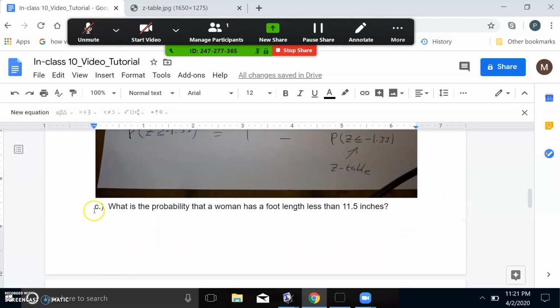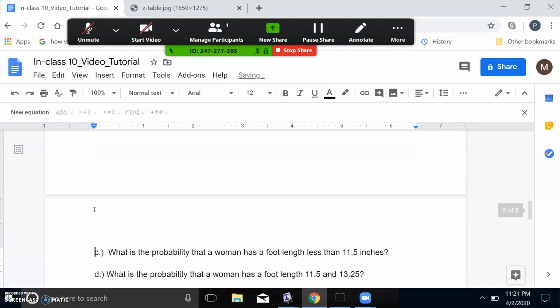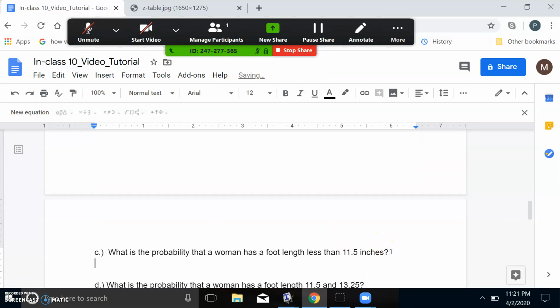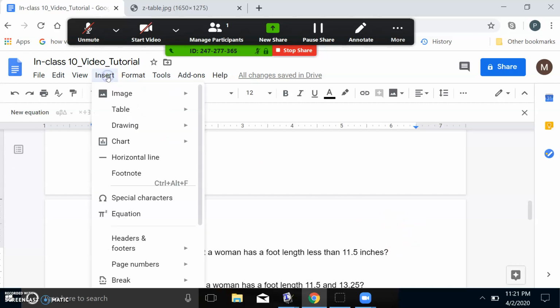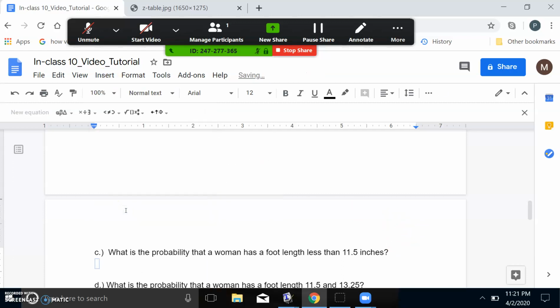Part C says, what is the probability that a woman has a foot length less than 11.5 inches? Let's insert an equation. We're looking for the probability that X, for the woman's, is less than or equal to 11.5.